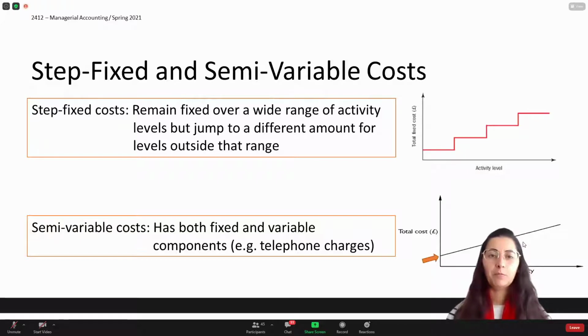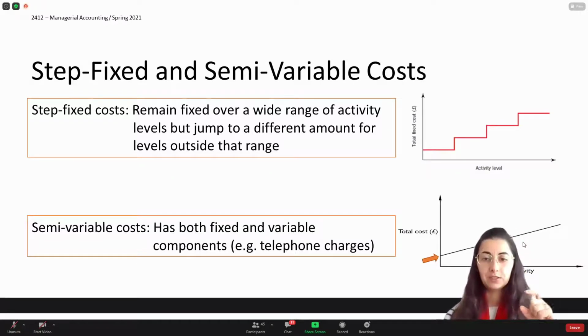Another type of cost is the semi-variable cost. This has both fixed and variable components. The typical example is telephone charges. We pay a fixed fee to the company. When you look at the graph, even if the level of activity is zero, you pay a fixed fee.